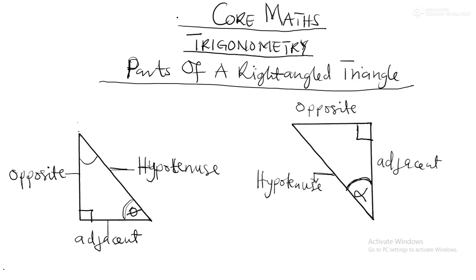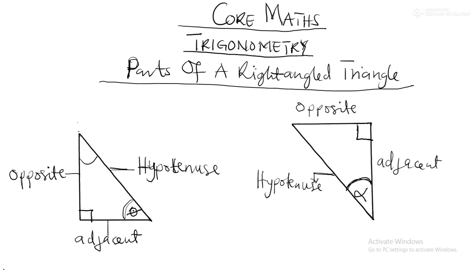With the parts of a right-angled triangle, we said that the longest side, which always faces the 90-degree angle, is called the hypotenuse. And the other two sides get their names based on the reference angle.